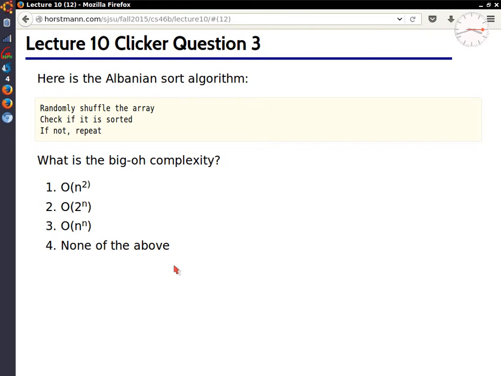So here is a sorting algorithm that I now propose. You take an array, you randomly shuffle its elements, just by getting a random permutation. There's a call that gives you a random permutation. You just randomly permute the elements. Then you go and check, is it sorted? Is the zero element less than the first one, less than the second, less than the third, less than the fourth, and so on.